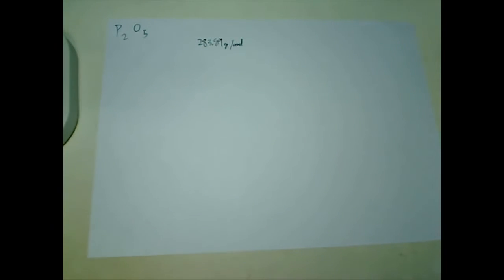So, just like the last thing we learned, which was finding empirical formulas, there is a set of steps that we can take, which are pretty simple, to find the molecular formula.